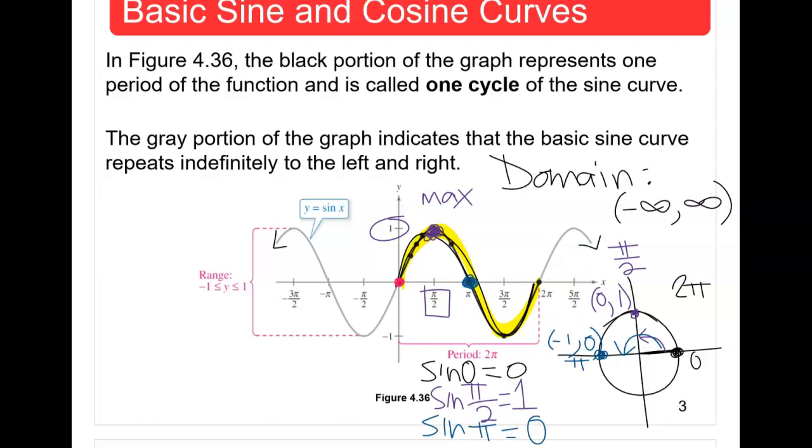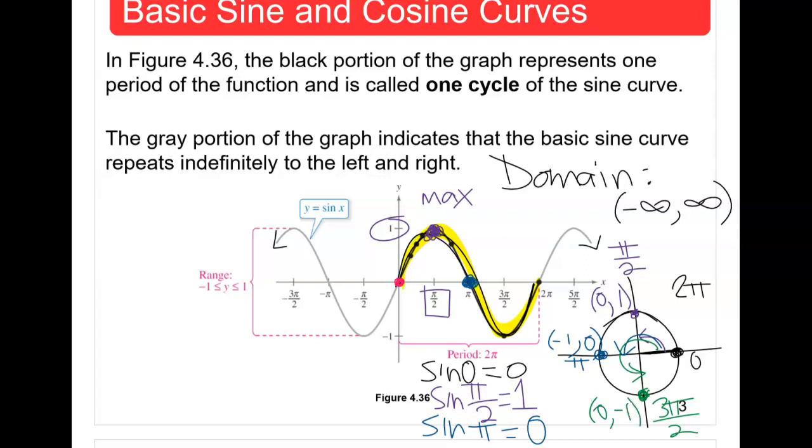Okay, moving on, we're going to look at what happens at this point, which is representing the angle 3 pi over 2. And so the coordinates with respect to the unit circle of that point will be (0, -1).